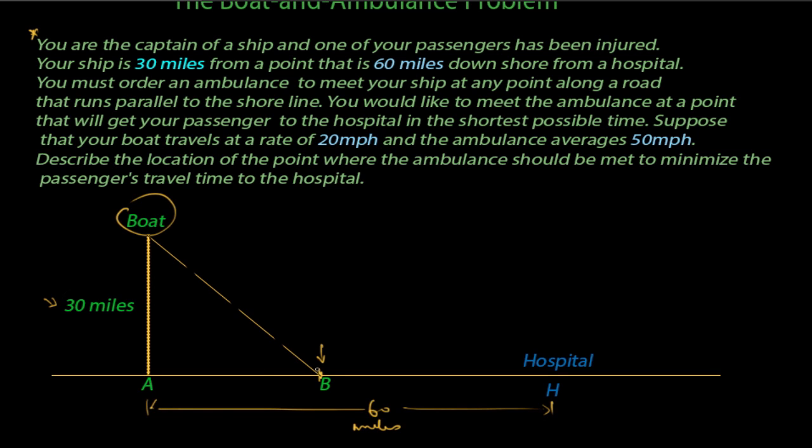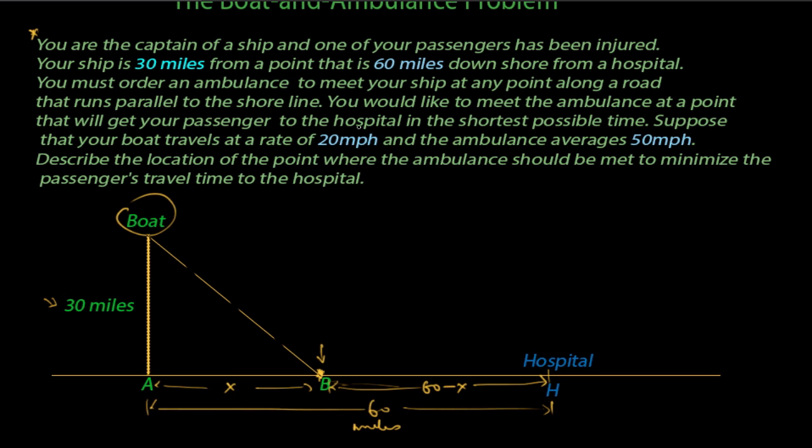So you have chosen this point here arbitrarily. Since you do not know where this point is, let's call from here to here X, and then from here to here is going to be 60 minus X, since the total distance from A to H is 60.